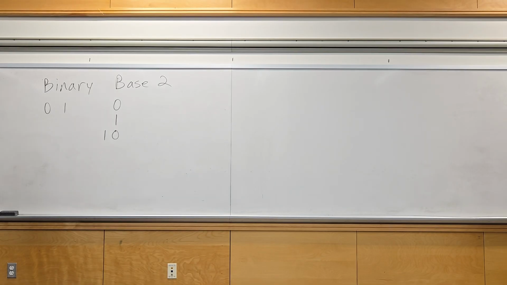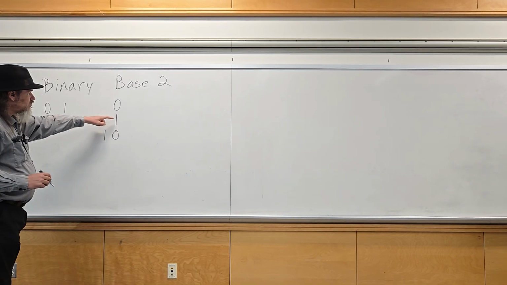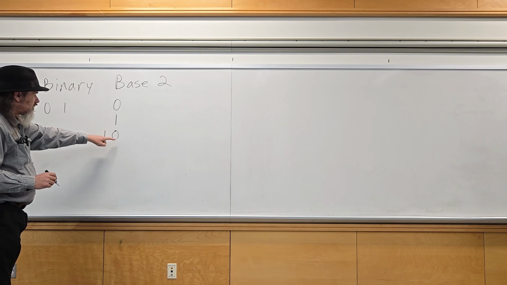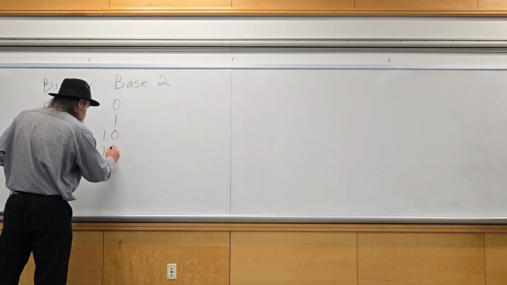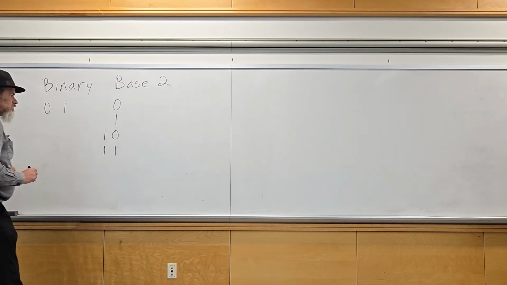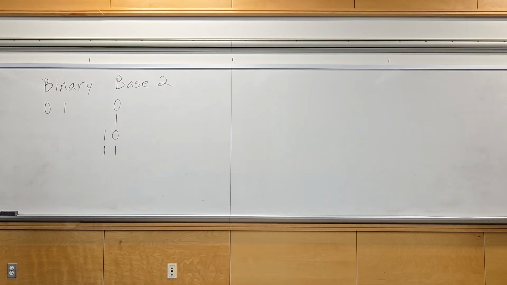So you go from 0, 1 to 1, 0. Add 1 again to make 3. And then you can add 1 again to get 4.